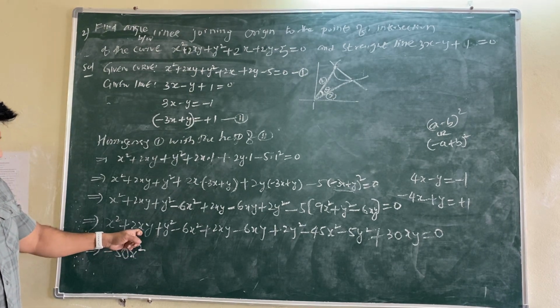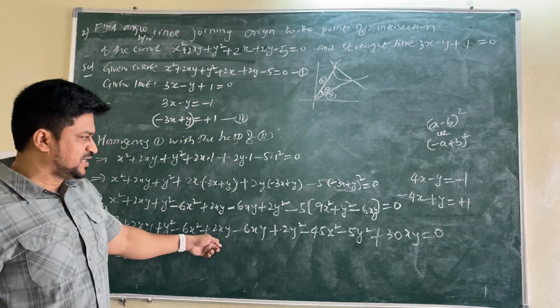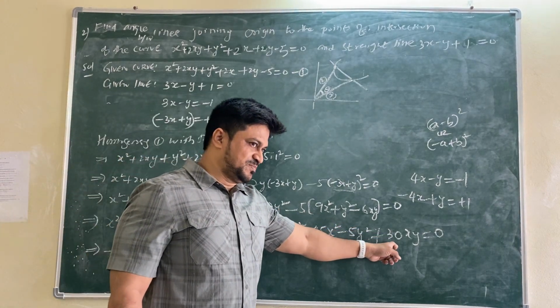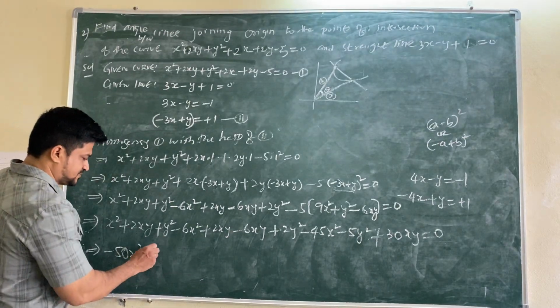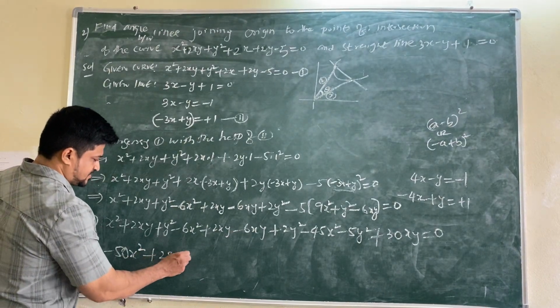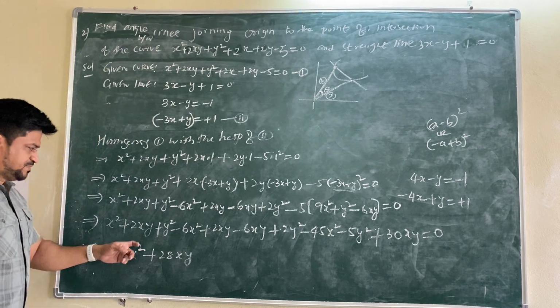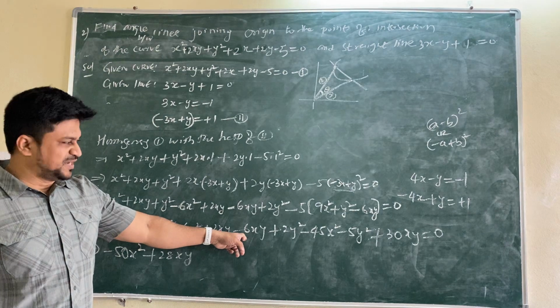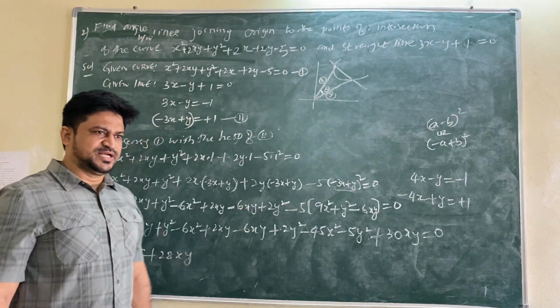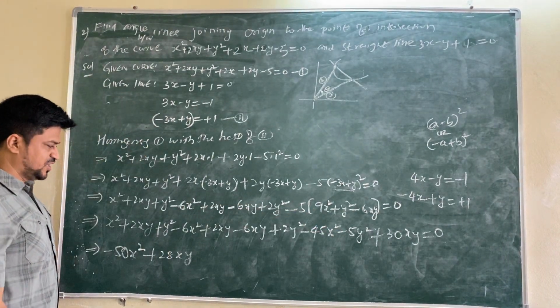Plus 2xy, plus 2xy, 4xy, plus 30xy, plus 34xy, minus 6xy. See, plus 2, plus 2, plus 4, minus 6, minus 2, plus 28, plus 30, plus 28 you will get.